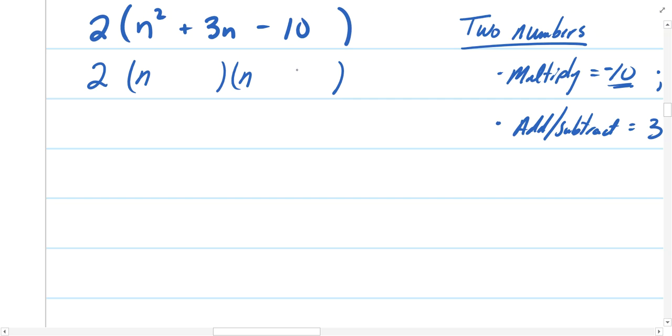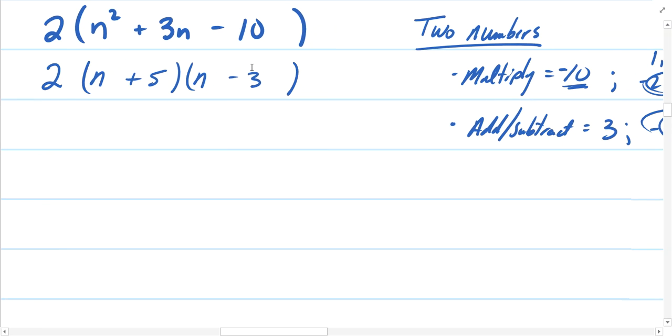So along with this n and this n, I'm going to report the number positive 5 and the number negative 2. Now it doesn't really matter which order you report these numbers in. N minus 2 with an n plus 5 would be just as fine as a final answer.